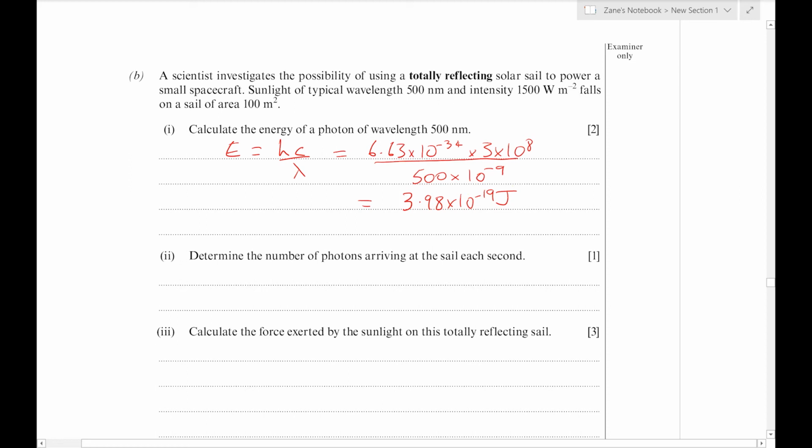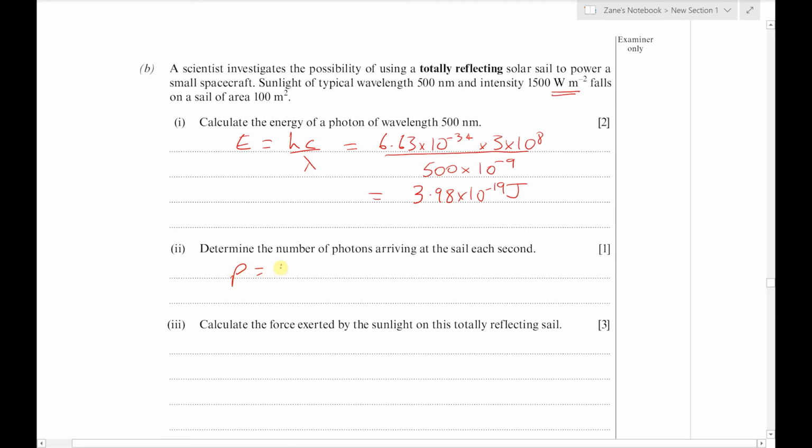On the second part of the question, we've got to determine the number of photons arriving at the sail each second. This is only 1 mark. In my opinion, it should be worth at least 2, because the first thing we need to realise is that the intensity is 1500 watts per square metre, so to find the total power arriving at the sail, we multiply the 1500 by the 100 meters squared.